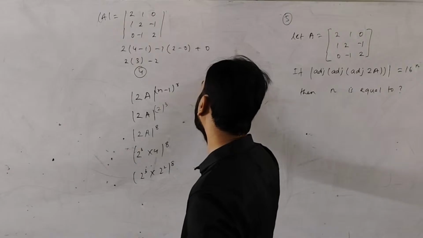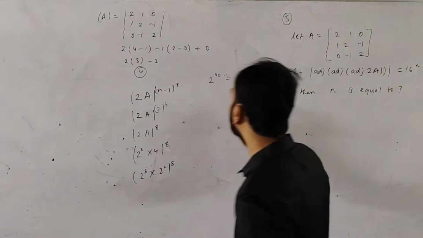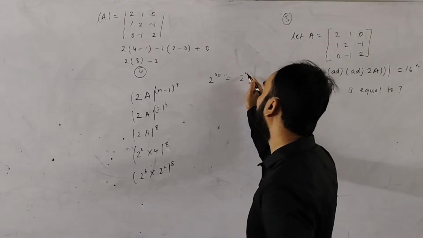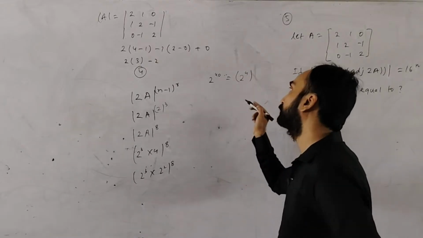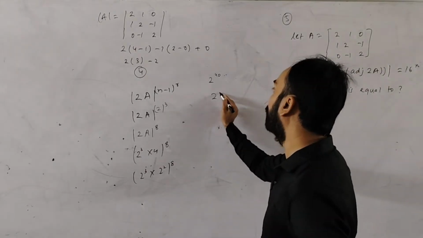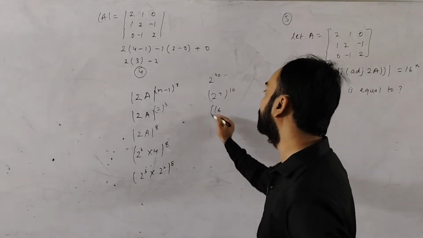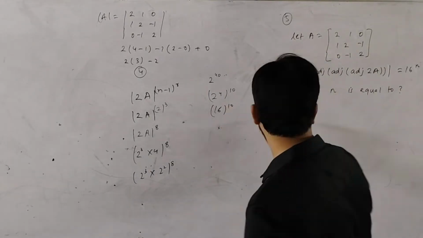So I can write it as 2 to the power 40, and 2 power 40 can be written as 2 power 4, and it is 10. Correct? 2 power 4 is 16 and 16 to the power 10. Now it resolves like this.